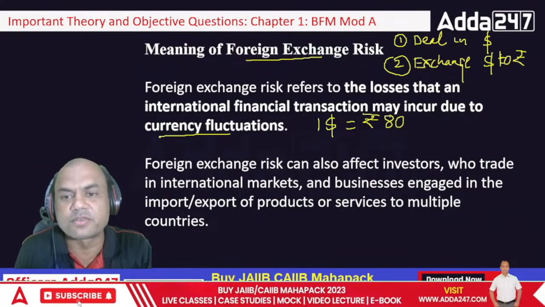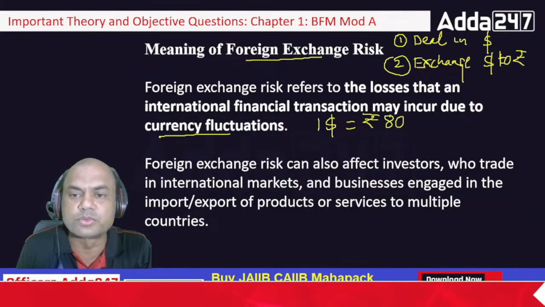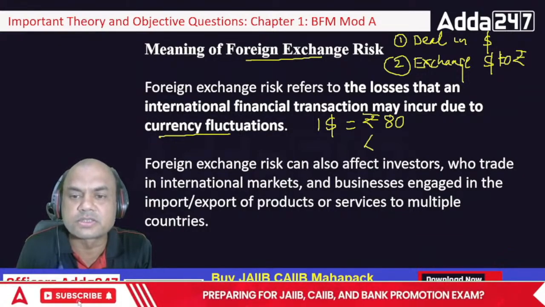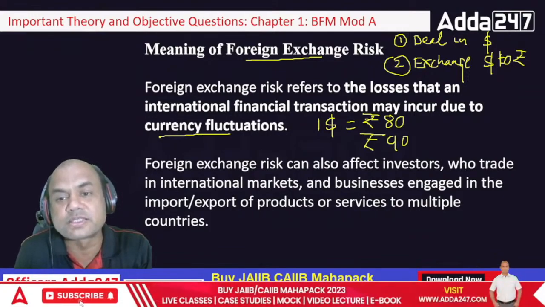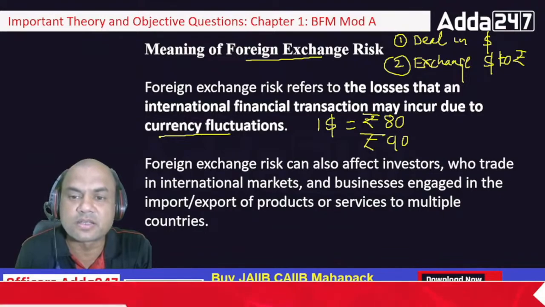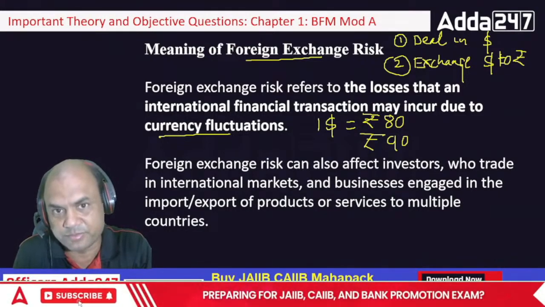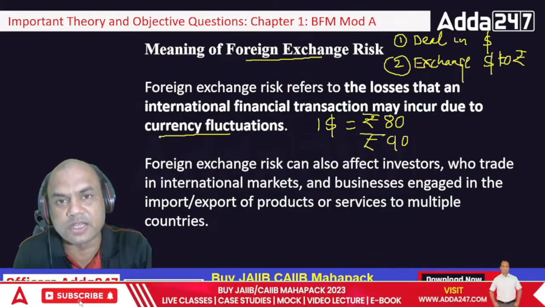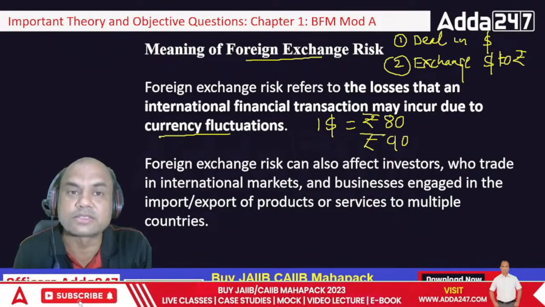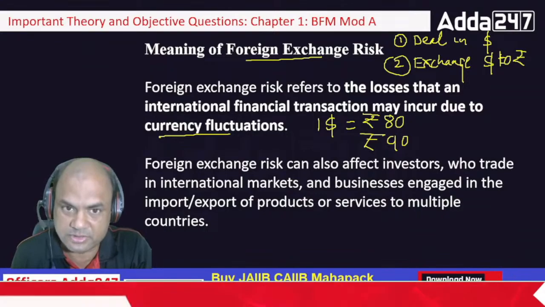What happens if this 80 rupees per dollar moves to, let's say, rupees 90 tomorrow, and if I have purchased this dollar at 80, what will I do? I'll immediately sell it, because it is affecting me on the positive side. I purchased it at 80 and now it is 90, so if I sell it, I'll get 90 rupees, isn't it?